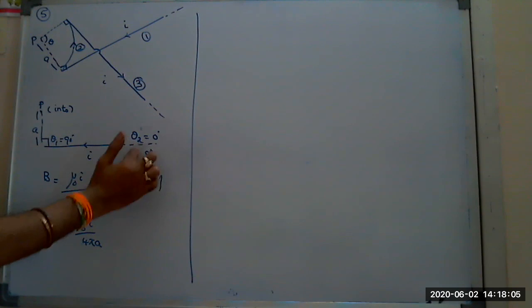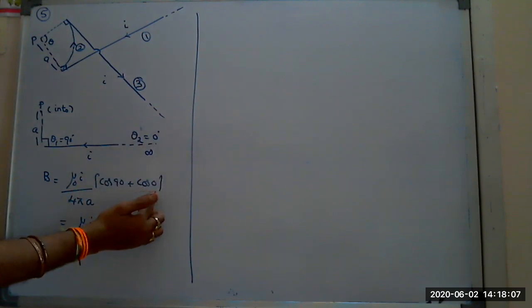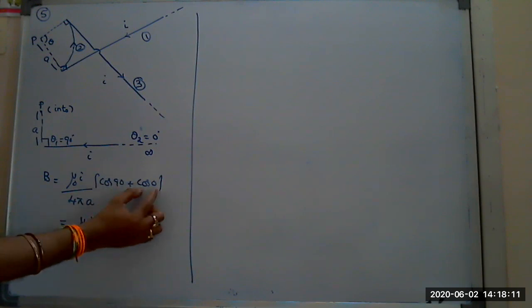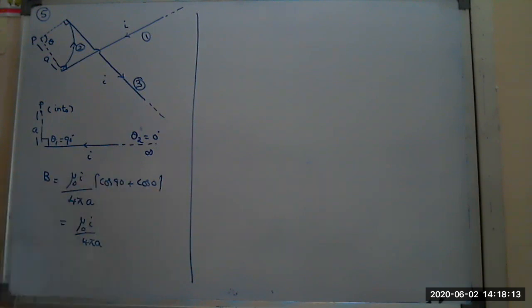The other end is infinite, so obviously that is cos 0. Cos 90 is 0, cos 0 is 1. You are getting mu naught I by 4 pi A. So I write B1 is equal to B3 equals mu naught I by 4 pi A.